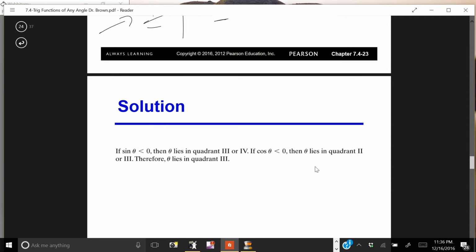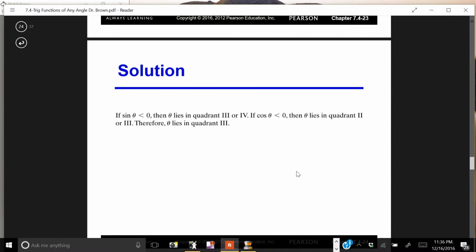And so here's the answer. If sine of theta is less than 0, theta lies in either 3 or 4. If cosine of theta is less than 0, then theta lies in quadrant 2 or 3. Therefore, theta must lie in quadrant 3.